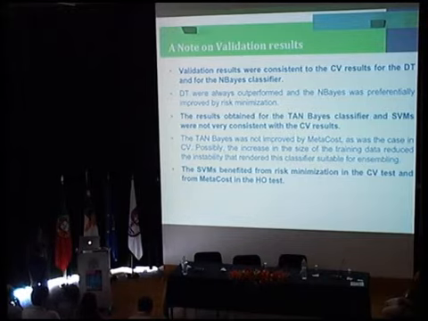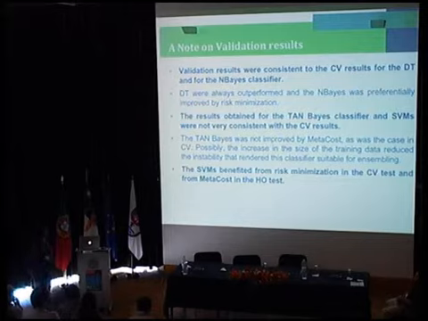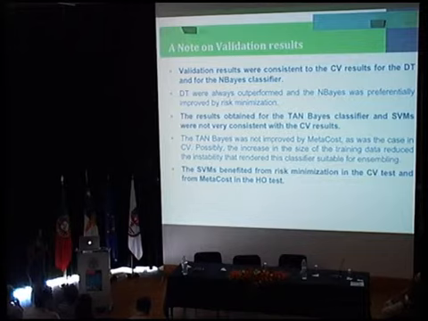And also, since we could not improve the performance of SVM with these methods, we are basically working with an SVM that is not looking at the problem of imbalance.